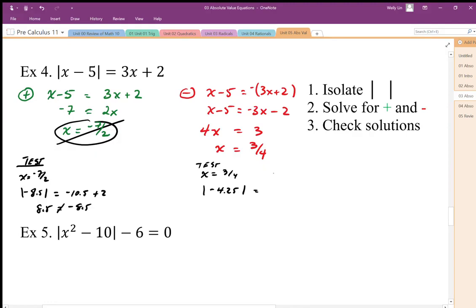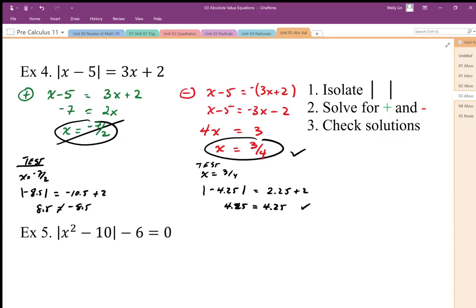Here I'm going to get 3 times 3 over 4, which is 2.25, plus 2. This becomes positive 4.25 equals positive 4.25. Well, this one happens to be perfectly good. That one works. So it is important to check solutions.